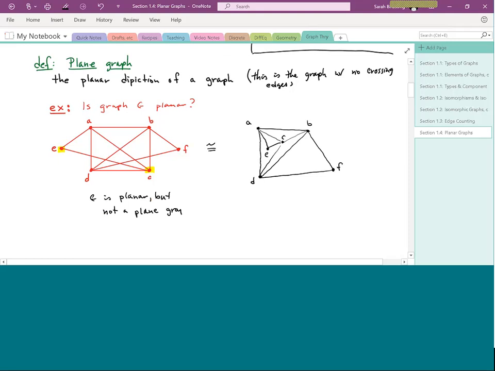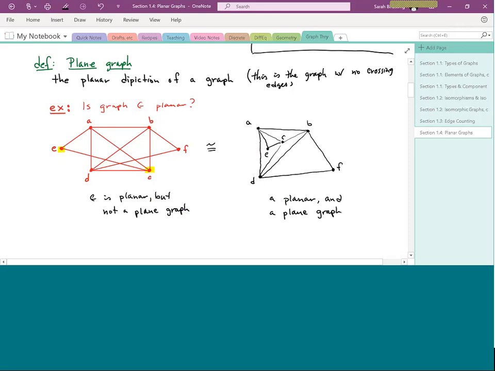Now, when we look at this other guy, this one is also a planar graph, but is it also a plane graph? And the answer now would be yes, as several of you guys are saying. You're correct. So it's both planar and a plane graph, and that is because we now don't have any of those crossing edges.